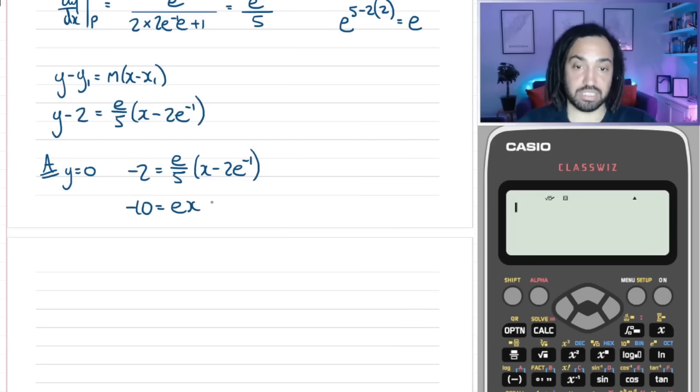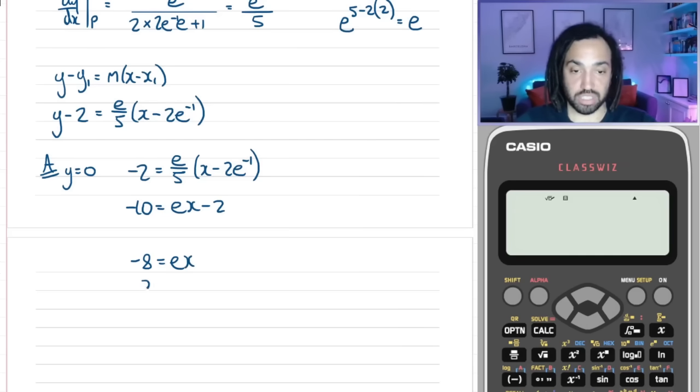We get ex, and we get minus 2e to the minus 1 times e. And what's e to the minus 1 times e? It's just 1. So we're left with that. Let's add the 2 to both sides, and that gives us minus 8 is equal to ex. So x is equal to minus 8 over e.